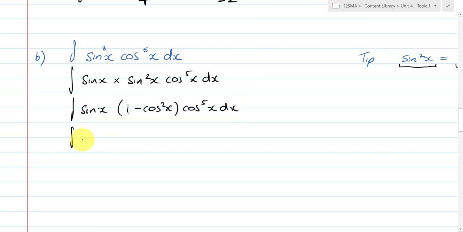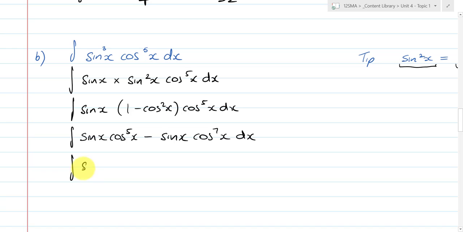And now I expand this bracket out, and it gives me sine x cos to the power of 5x minus sine x cos to the power of 7x dx. And I'm going to actually split this up. I could factorize, but it actually is a bit easier to split up and work on those two as separate functions to make my situation work.